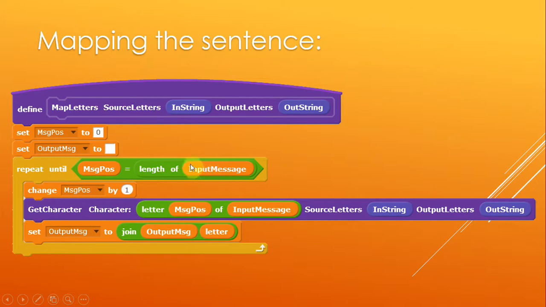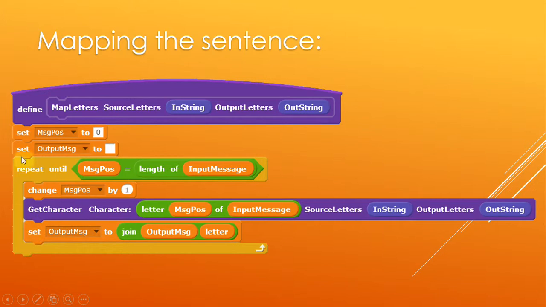Keep going. Change to the first position of my sentence, which is letter M for my name, and get the character of that first letter by passing M into the in string, which in this example would be the normal alphabet, and my scrambled sentence. Set my output message equal to my output message plus that letter. Because it starts with blank, the first would be the first letter Z.